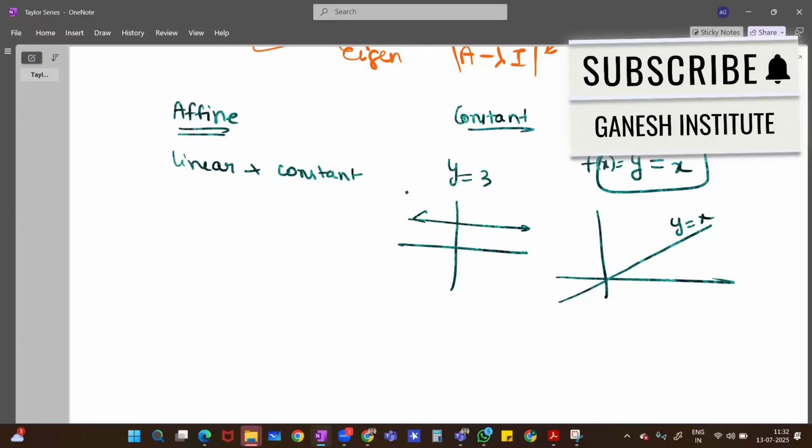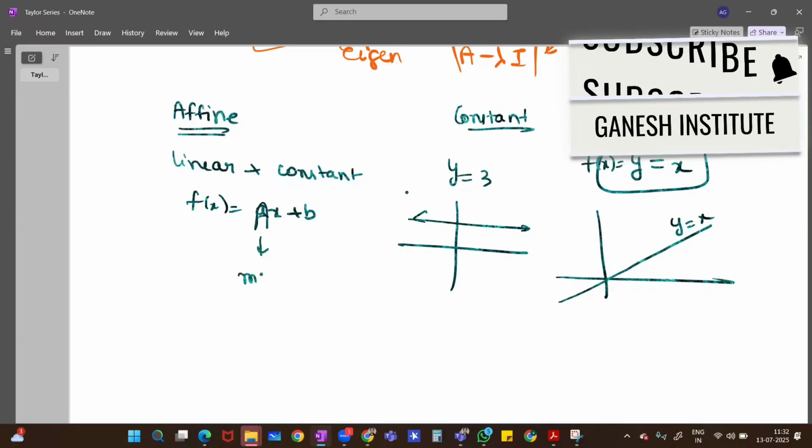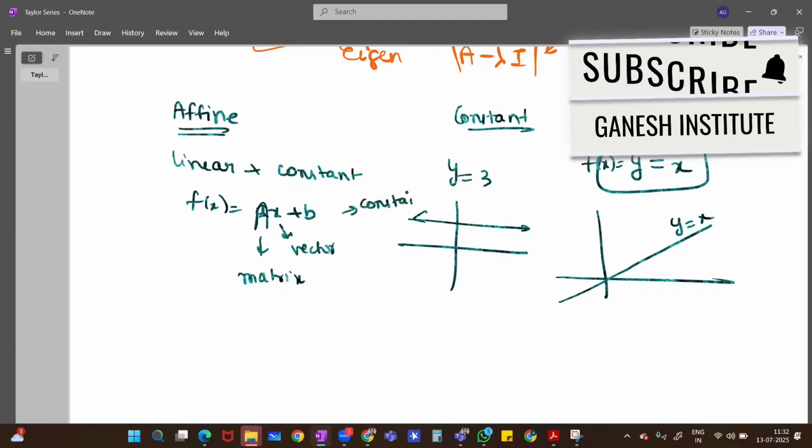That becomes affine, for example, ax plus b, 2x plus 3. Here you have A as a matrix, any scalar matrix, X is your input vector, and B is a constant. Do you remember the matrix method? Yes. We use it for that. So this is an affine function.